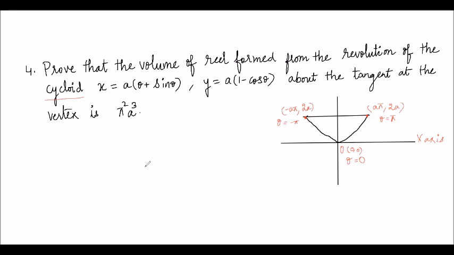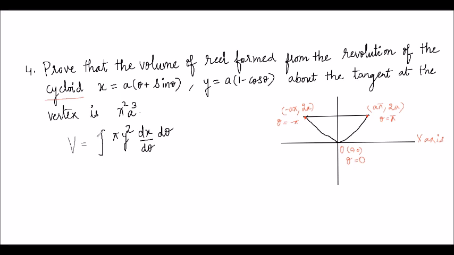So the formula which we will be considering will be the same which we have for parametric curves, and when the axis of revolution is x-axis. So that result is volume is given by this integral. Axis of revolution is x-axis, so we will be using integral of pi y square dx by d theta, where theta is the parameter.